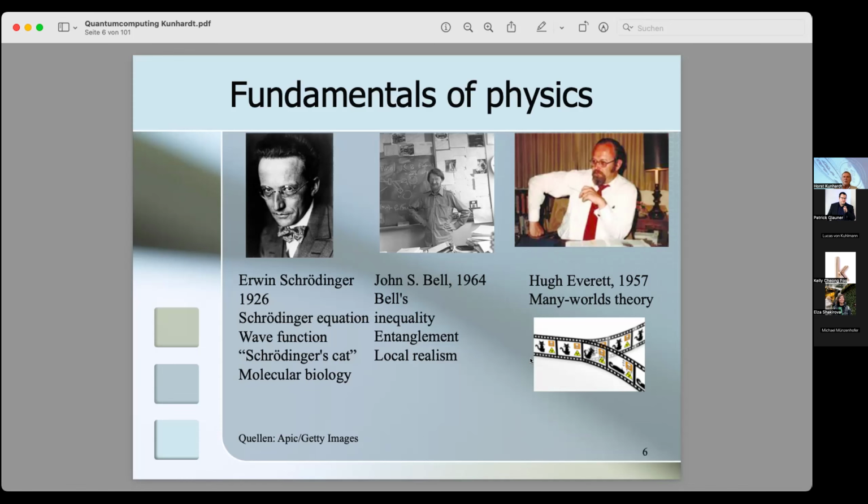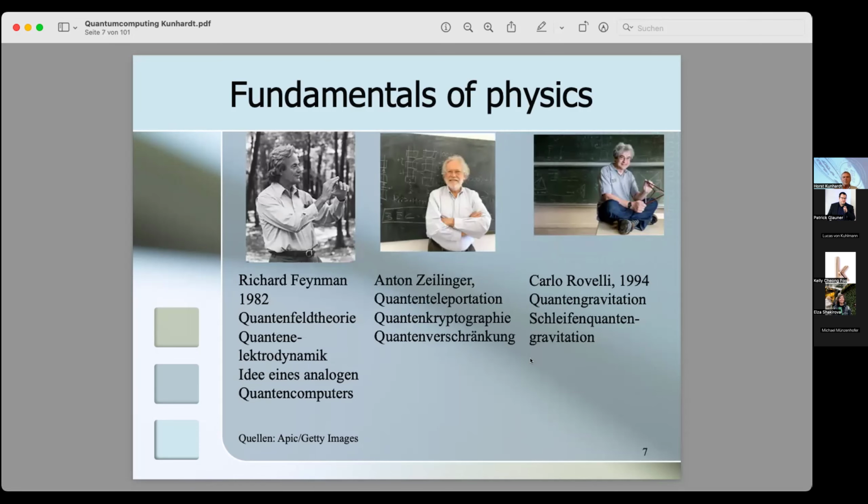Therefore, we don't have any senses for the microscopic effects that really take place in the microcosm, and it's a bit hard for us to imagine all the effects of quantum mechanics or quantum theory.